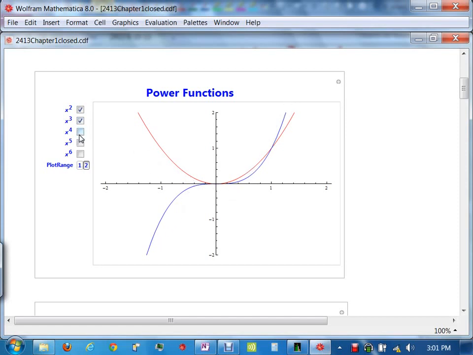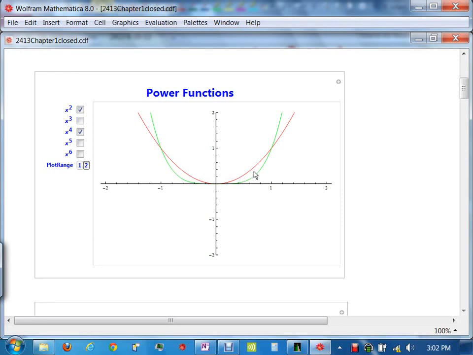What will x to the fourth be? Kind of like a parabola, except it'll be a little steeper and it'll go up a little faster on both sides than the parabola next to it. The red one's the parabola, the green one's the fourth degree.